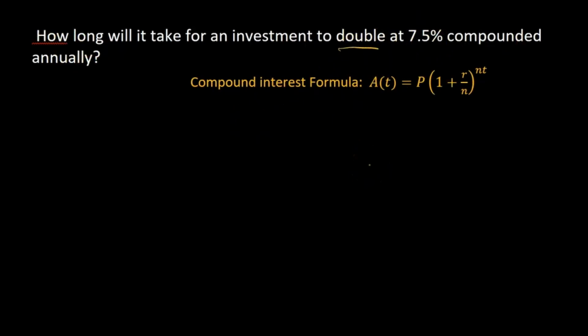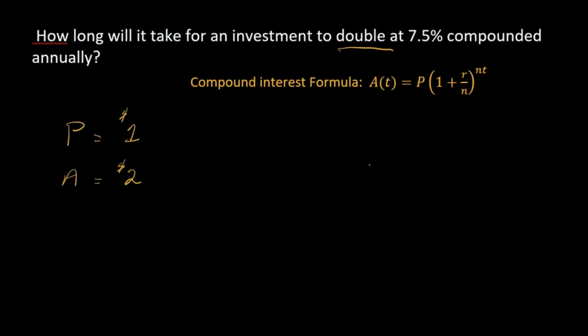We have this double thing here, and it says an initial investment, so we can use anything that we want. Let's suppose our initial investment, let's call that P. Let P be $1, just to make it simple. Well, what would be the accumulated amount, A? It says double, so there should be $2.